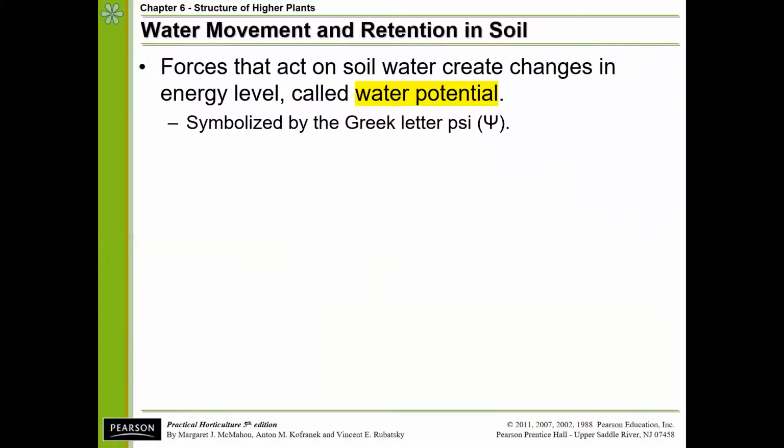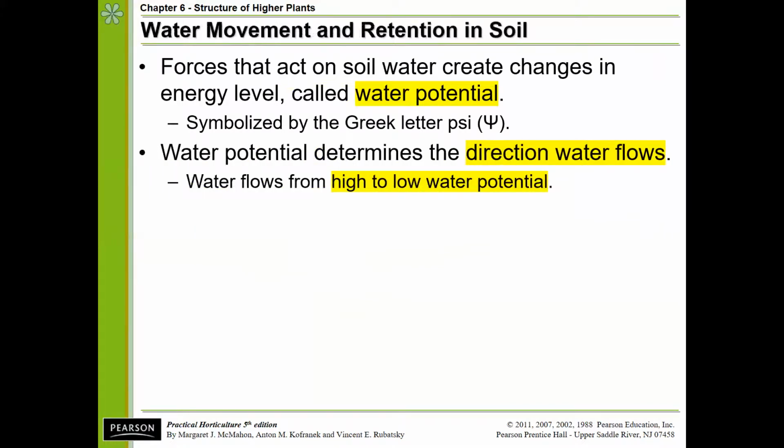Moving on to water, I wanted to again look at the whole issue of water potential, which is basically the power, the energy of the movement of water through anything, but for our purposes, we're talking about it in terms of soil.